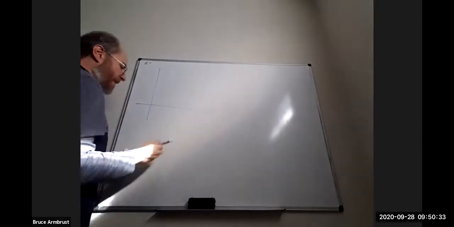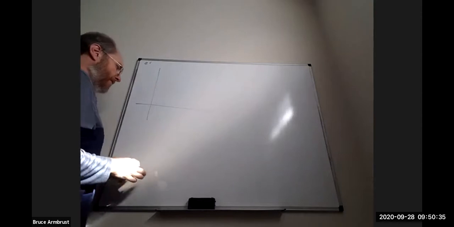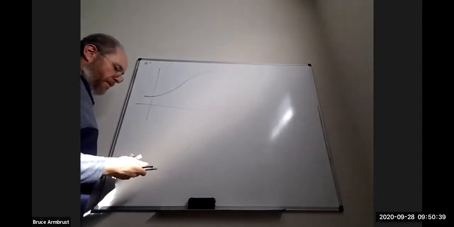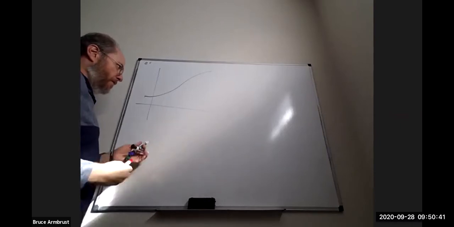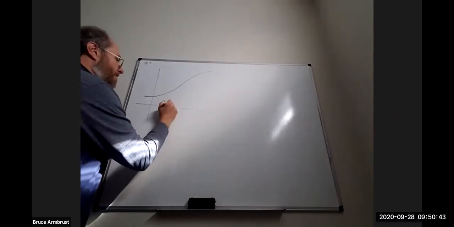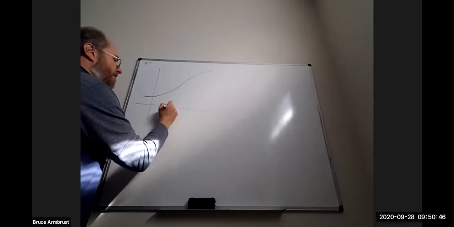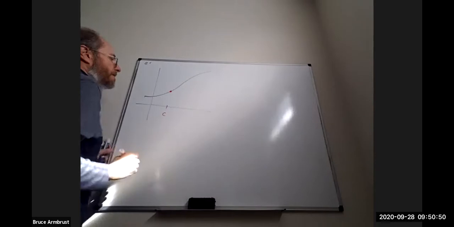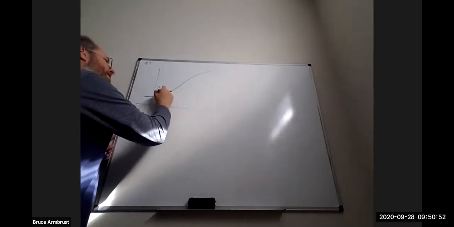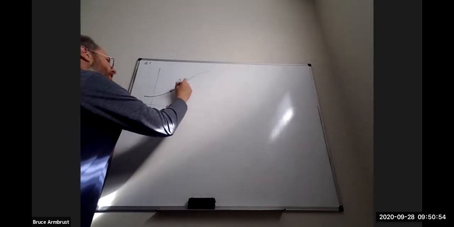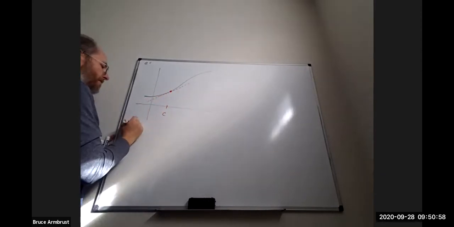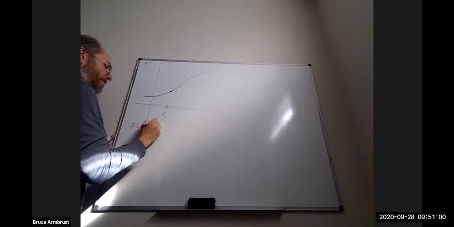What we were looking at was, given some sort of a function, we wanted to know, say, the instantaneous rate of change at this value that I'm going to call C. To get the instantaneous rate of change, that meant we wanted to find the slope of the tangent line.